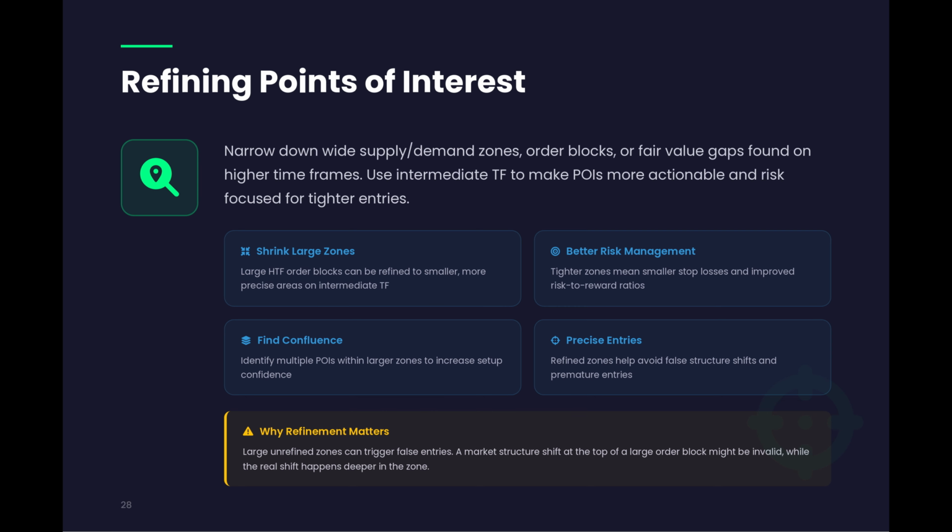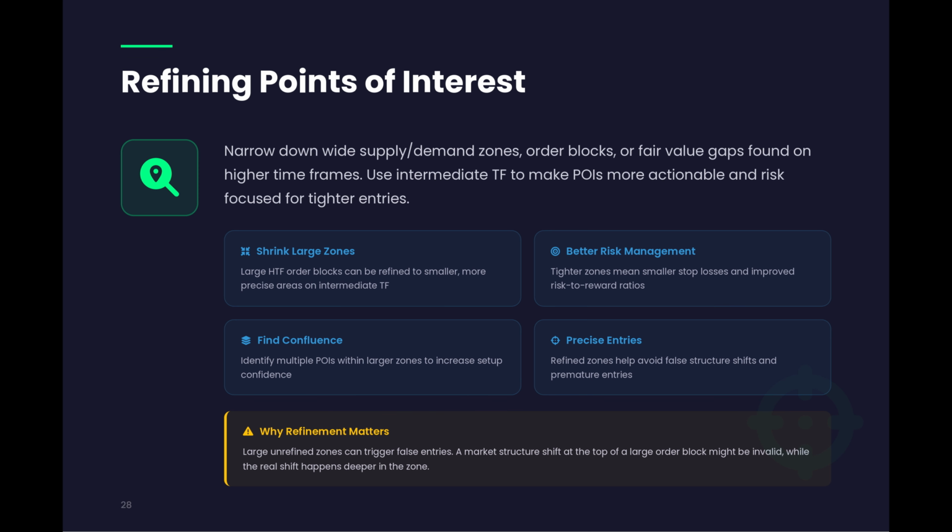Perhaps there's a fair value gap that provides additional confluence. Perhaps there's a specific liquidity sweep that occurred at a particular level. By refining your zone, you're essentially narrowing down the area where institutional activity is most likely concentrated. Instead of a 60-pip zone, you might refine it down to a 20-pip zone or even smaller.